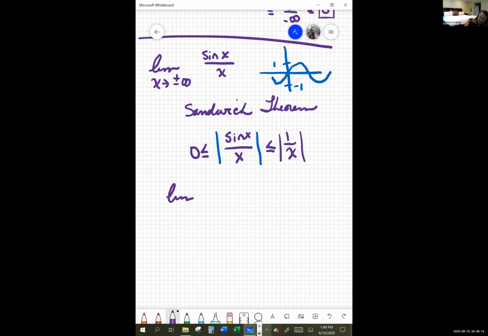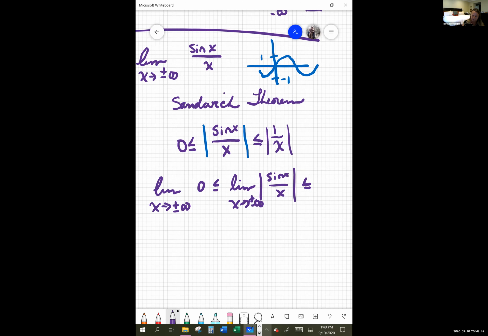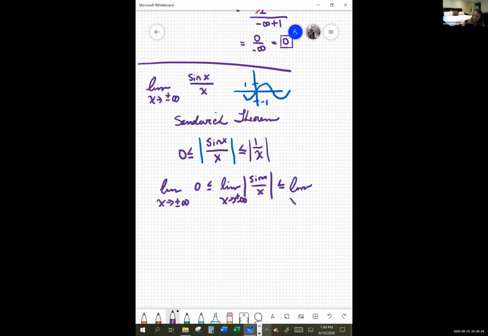The limit as x goes to plus or minus infinity of 0 has to be less than or equal to the limit as x goes to plus or minus infinity of the absolute value of sine x over x, which is less than or equal to the limit as x goes to plus or minus infinity of the absolute value of 1 over x.